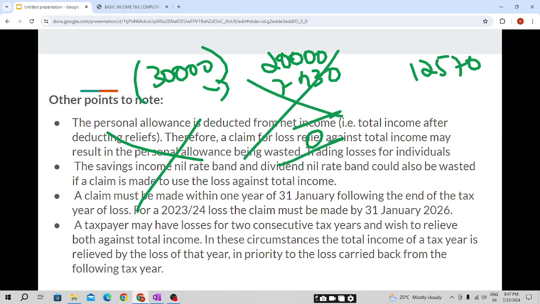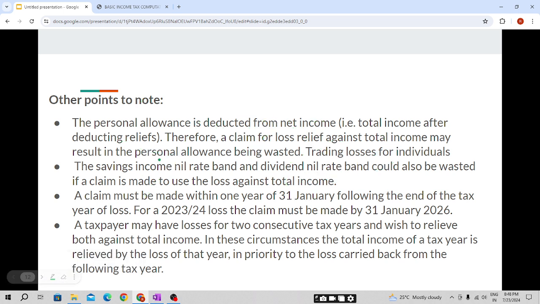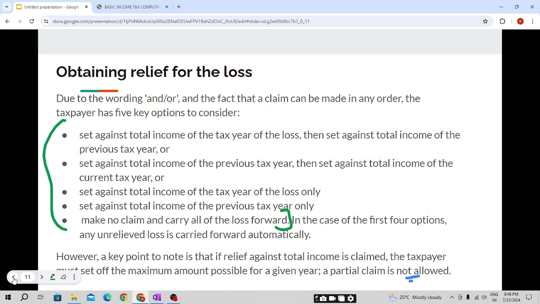This is not allowed by HMRC. The whole amount needs to be reduced, that is 30,000 means 20,000, the whole loss will reduce. The whole loss must be set off against the first available trading profit. So no partial claim is allowed either in the carry forward or loss against the total income.